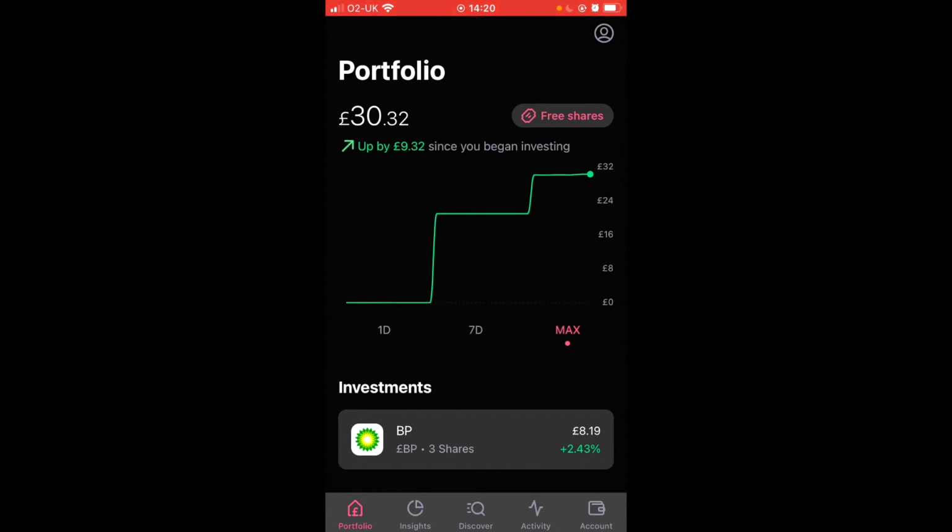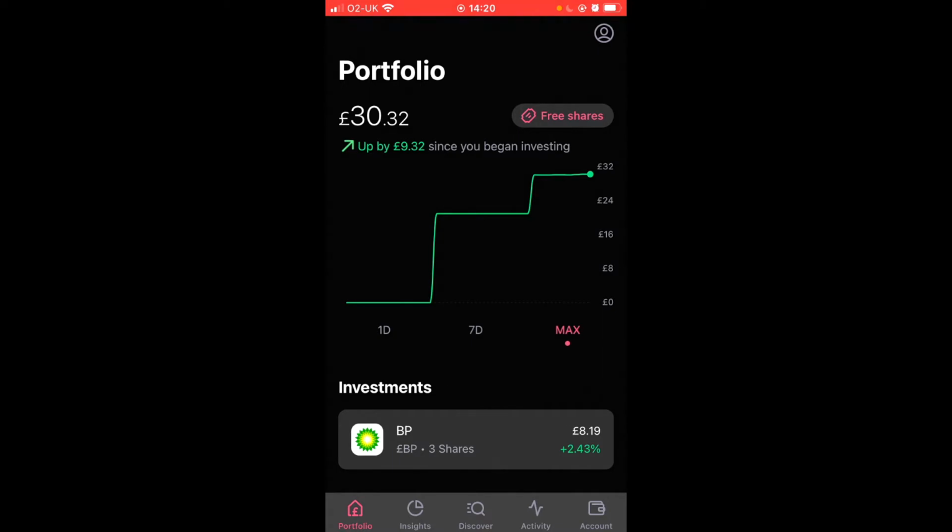So if you look at the first page, which is the portfolio page, it gives you a quick snapshot of how much money you've got in the account and how your portfolio has done since inception. Here I've got it set to max, but you can vary it by 7 days and 1 day as well. Obviously in my case, there's not a lot of money here, but that's primarily because I don't use Freetrade as my primary investment account.